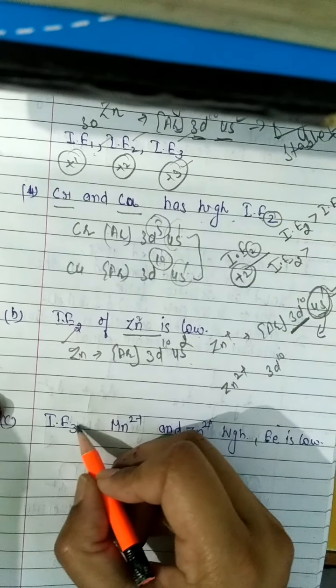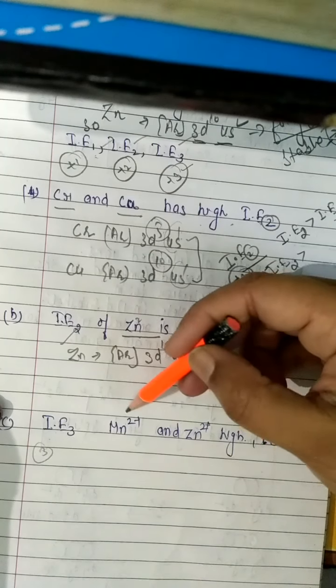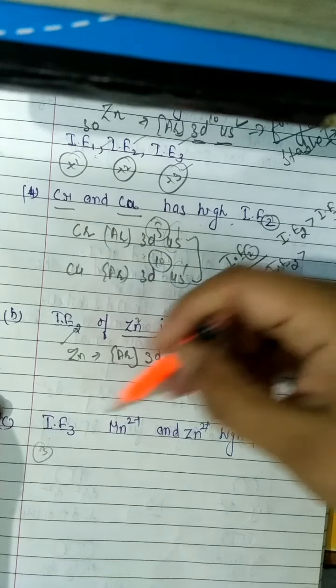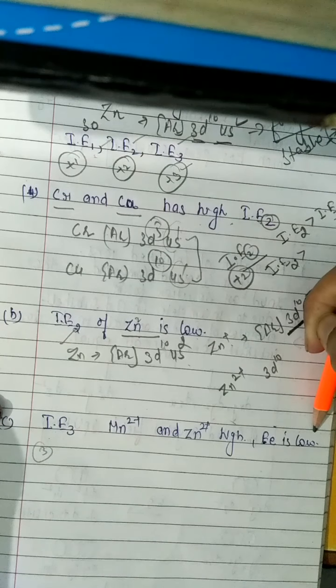Next, IE3 means third ionization enthalpy. Now Mn2+ and Zn2+ have a high third ionization enthalpy, but Fe is lower.